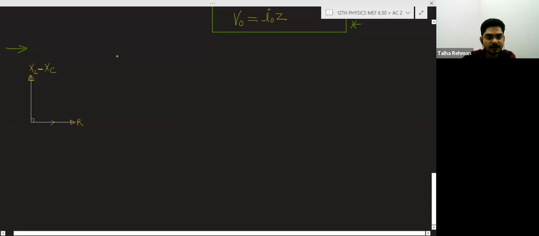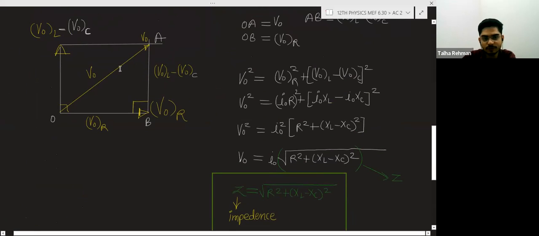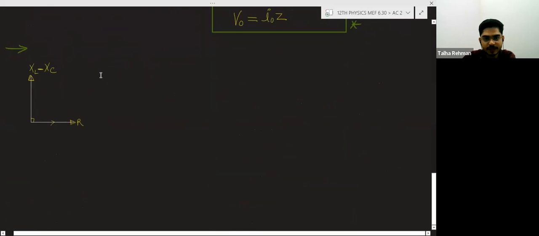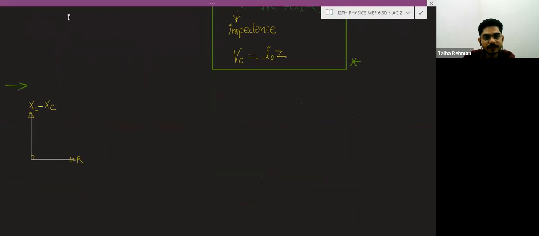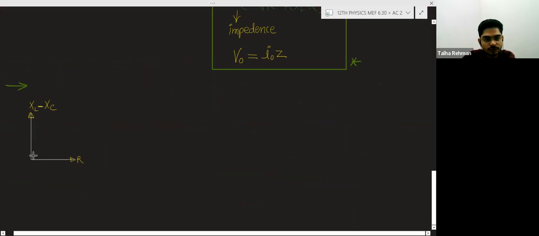Here this is the resistance, and in this direction is the difference of inductive reactance and capacitive reactance. So the resultant will be the impedance Z.